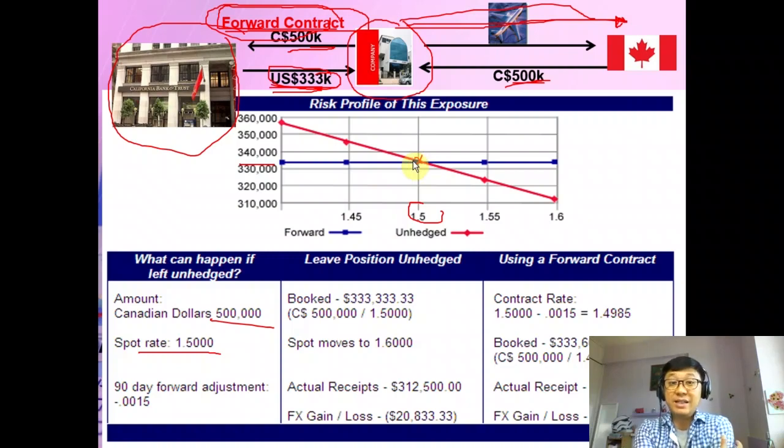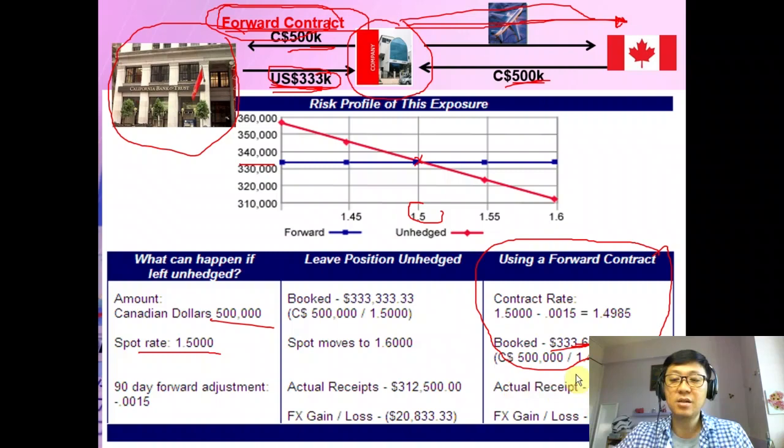So at least you know that when I get back this amount, I have a share of certain profits, right? You can calculate, okay, after 3 months. That is provided you have a forward contract, okay? You're booked to have this amount of money, right? So the actual receipt is this.